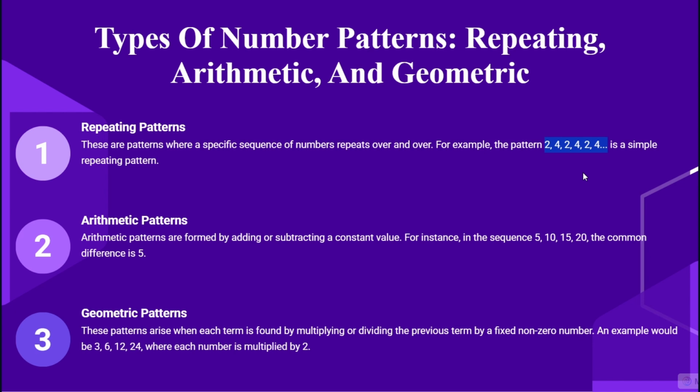Let's discuss an example of a geometric pattern, 3, 6, 12, 24. Here it's multiplied by 2. 3 times 2 is 6, 6 times 2 is 12, and 12 times 2 is 24.